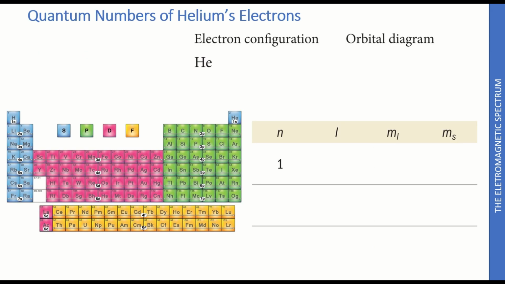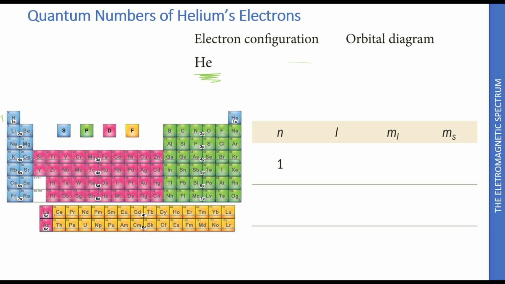Okay. So let's go to helium. I could use the Aufbau diagram, but I want to use the periodic table as I explained to you in the first video. If you go to row 1, that will be the first level of energy. In the first level of energy, you have to pass through all the elements you have.